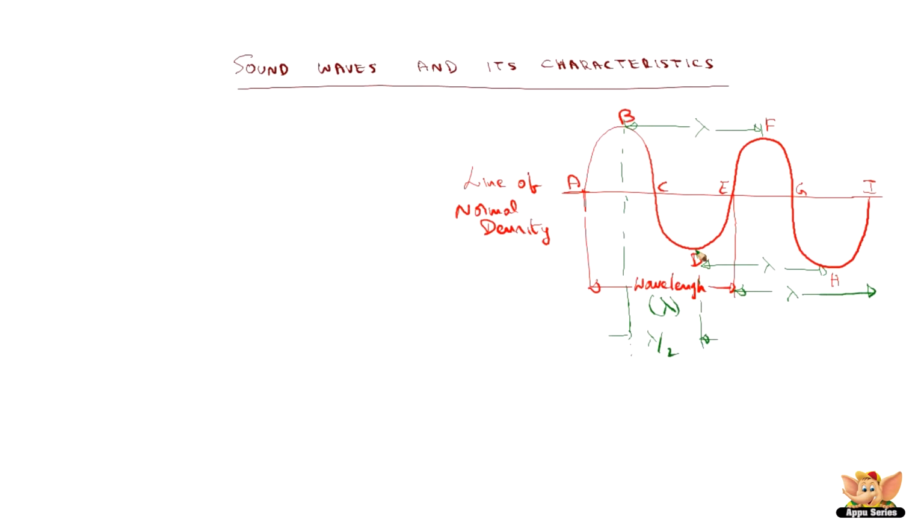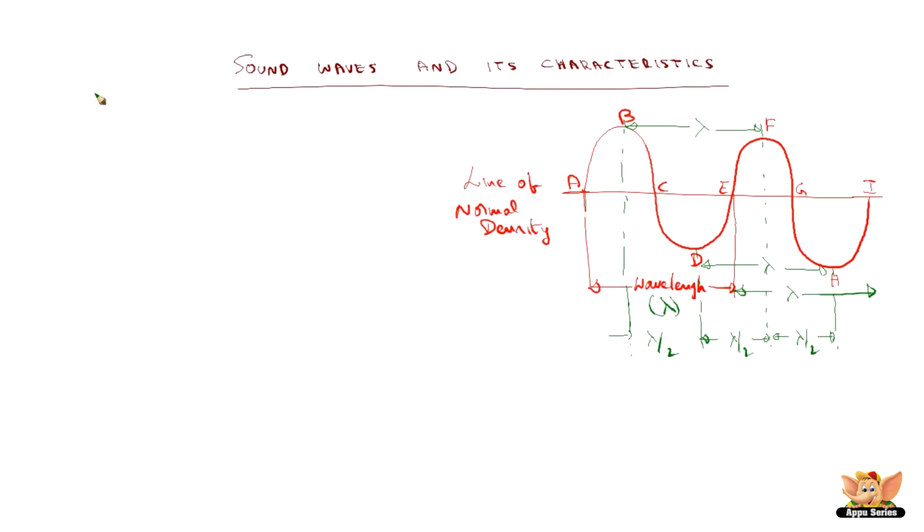In the same way, the center of rarefaction D to the center of the adjacent compression F is also lambda by 2. In a similar way, F to H. So the distance between the center of compression to the center of adjacent rarefaction is half wavelength, which is represented as lambda by 2. So the SI unit for this wavelength or half wavelength is meter.